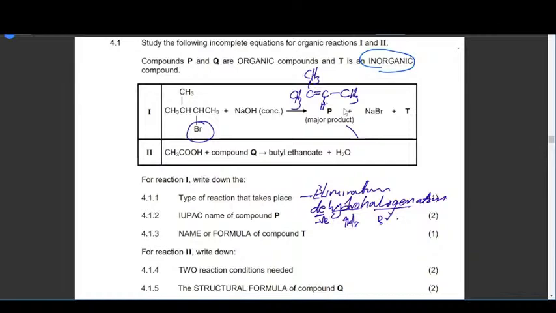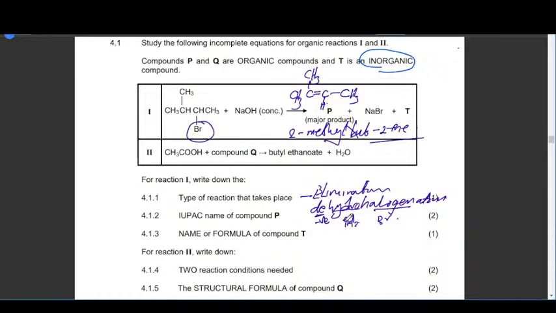So it's going to be 2-methyl, 1, 2, 3, 4, but-2-ene. So that becomes the most correct answer.